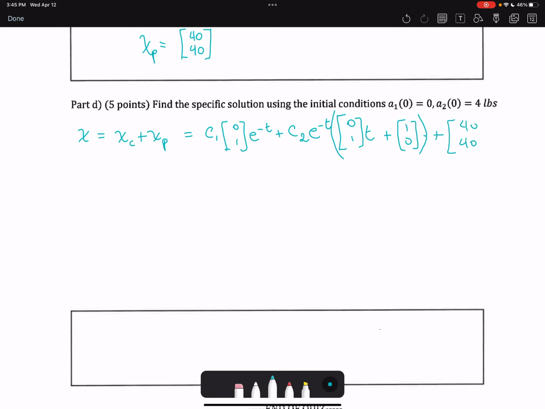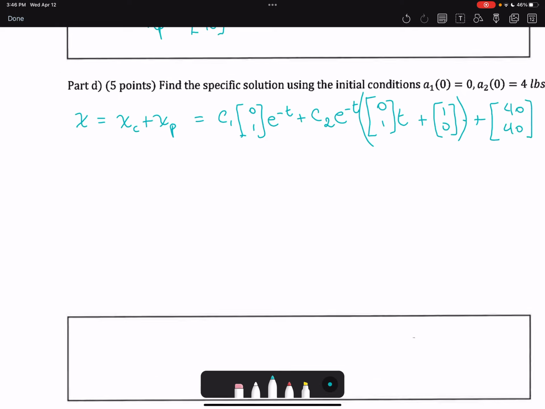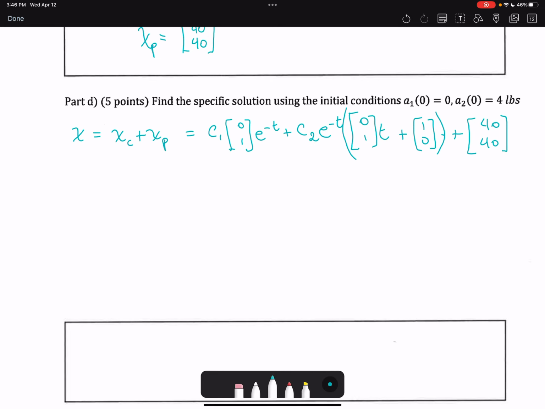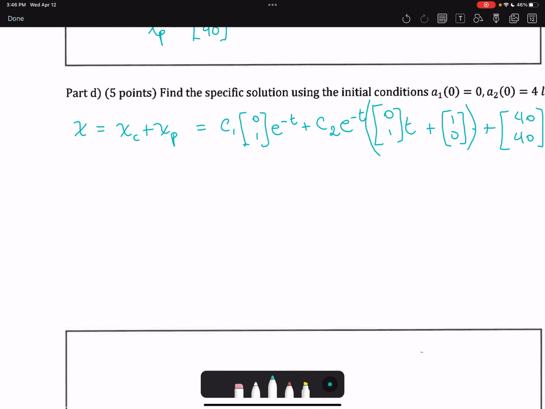So now that we have this 40, 40, what we want to do is solve for these. So we're assuming that this stands for a sub 1 of t, and this stands for a sub 2 of t.